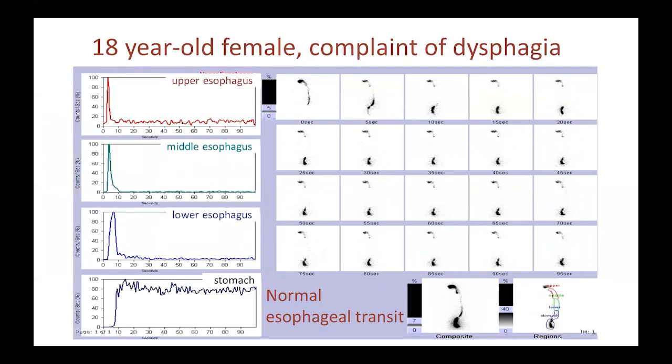We also provide time activity curves, and this again demonstrated that there was rapid transit from the upper, middle, and lower esophagus with accumulation of tracer in the stomach, demonstrating normal esophageal transit in this patient.